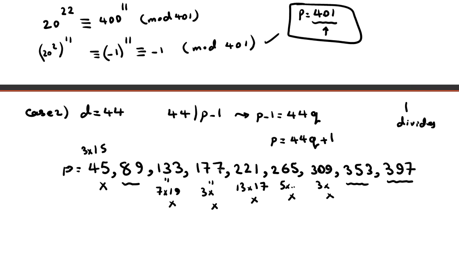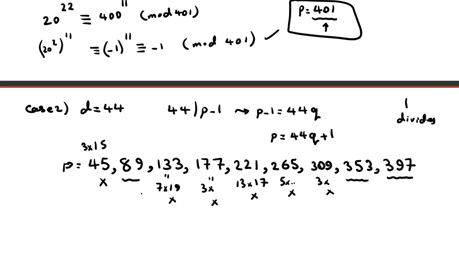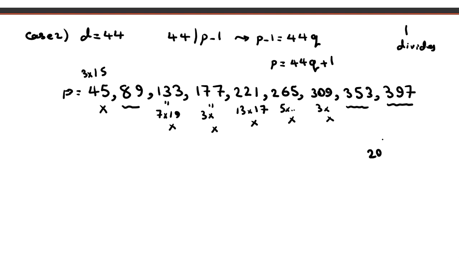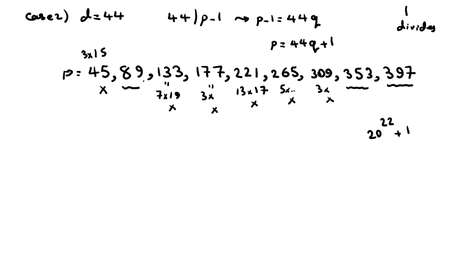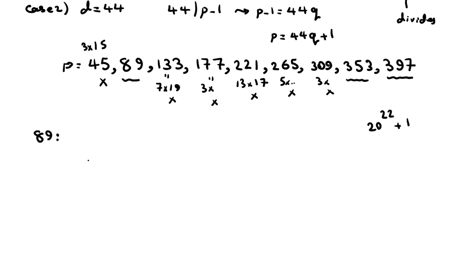We want to find the 2 minimum prime factors of 20 to the power of 22 plus 1. So let's check. Our number is 20 to the power of 22 plus 1. We want to see which of these numbers works. So let's consider 89 at first. We only need to check these 3 numbers. So 20 to the power of 22 plus 1, or let's consider this one, mod 89.